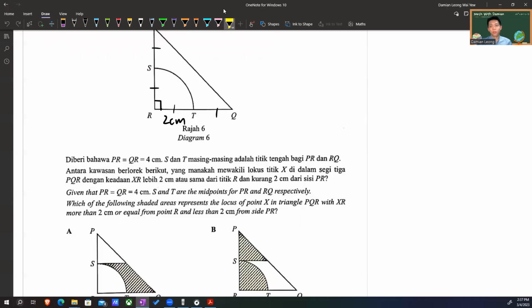Locus of point X with XR more than 2 cm, X to R, means distance from R more than 2 cm. Exactly 2 cm is here. So more will be outside of that, which means includes all this.